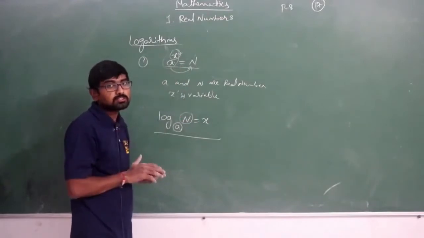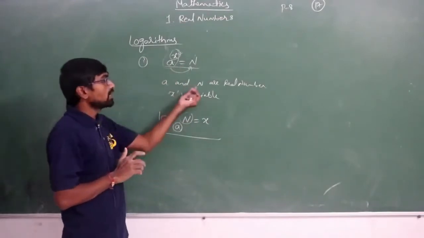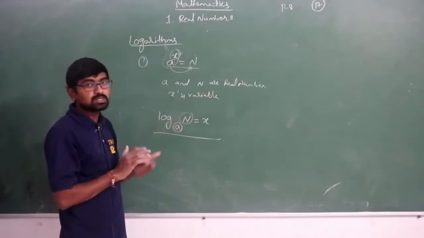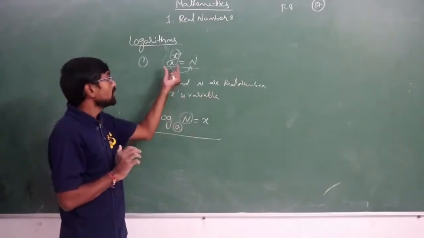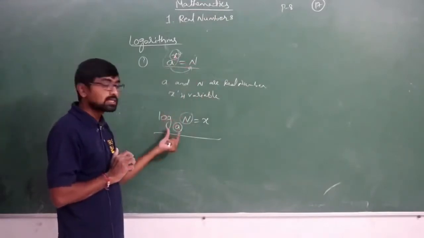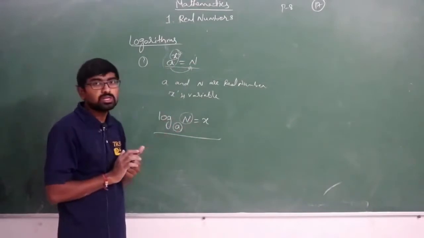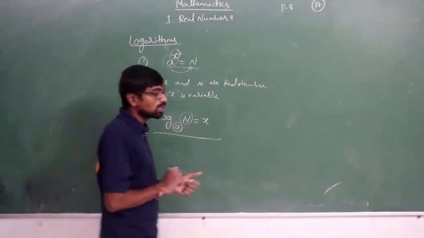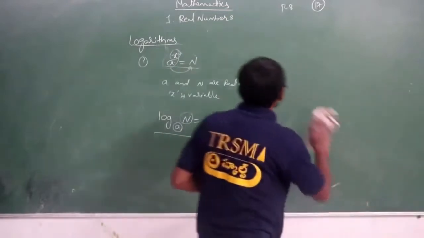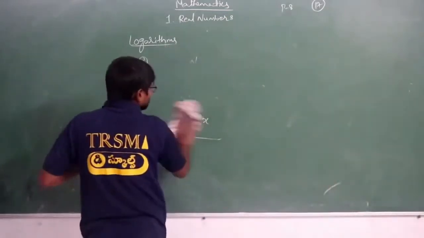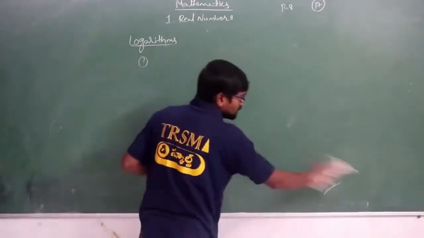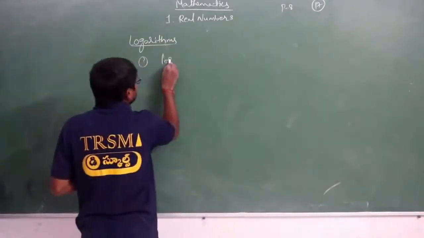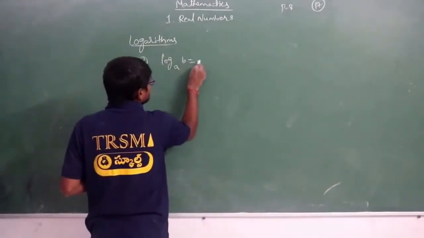So how will we define this? If a and n are any real numbers and x is a variable, then a power x is equal to n can be written as log base a of n is equal to x. If you are not getting this a, x, n, you can just remember it in terms of a, b, c. So log base a of b is equal to c.